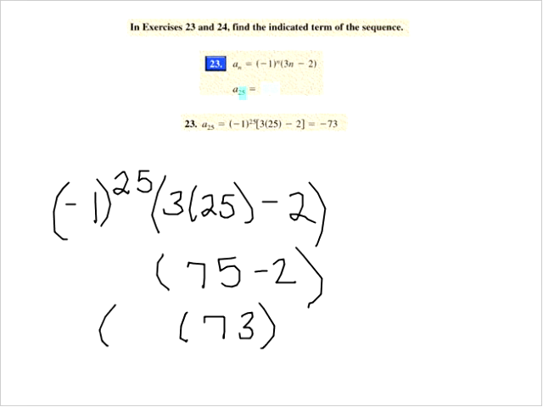Negative 1 to the 25th power, because the exponent is odd, is going to stay negative 1. So negative 1 times positive 73 gives me a negative 73 for the 25th term of this sequence.